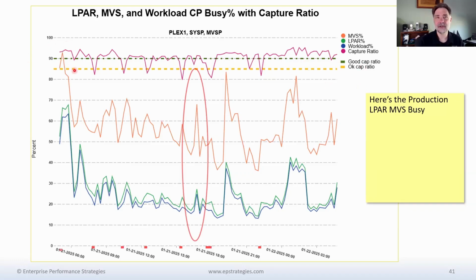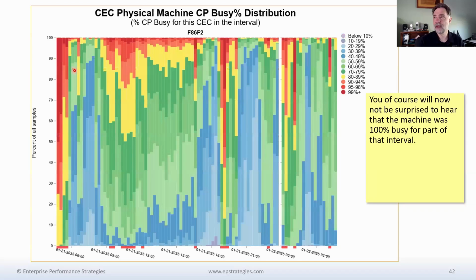So again, not really looking like a problem. You will, of course, now not be surprised to hear that the machine was, in fact, 100% busy for part of that interval, right? And that interval is actually this interval here. Again, not the worst interval that we have necessarily, but the interval that we're looking at for this particular example.